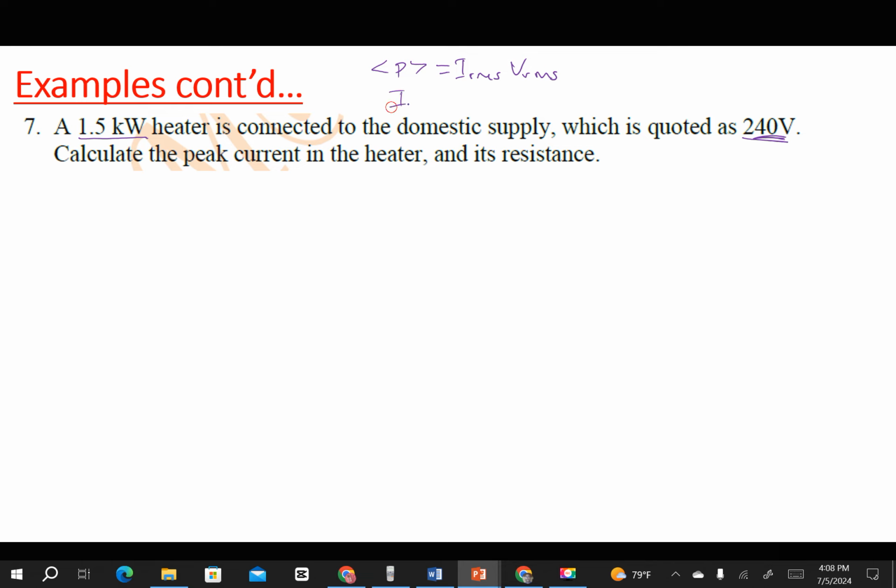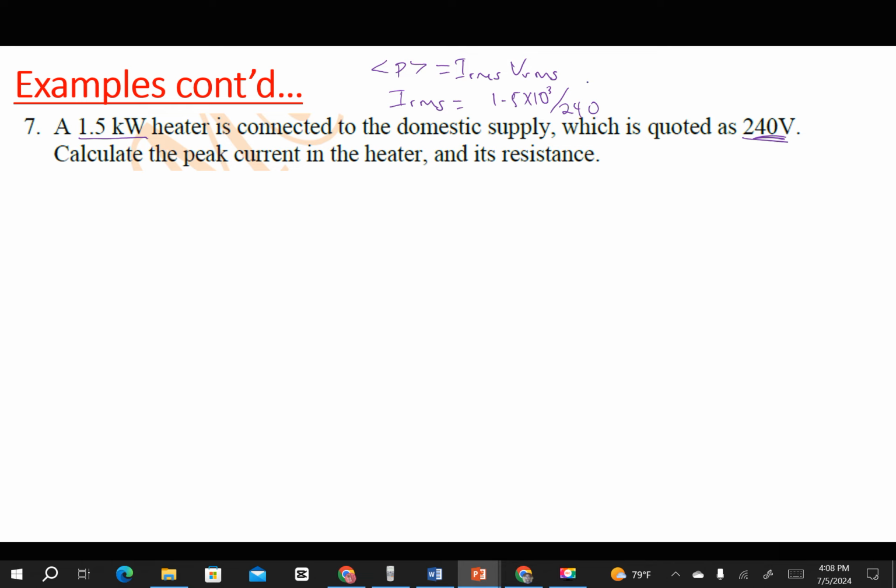So I root mean square is going to be the power, which is 1.5 times 10 to the power of 3, divided by the root mean square value of voltage, which is 240. I said domestic power supplies, whatever is quoted is always average power and root mean square values.